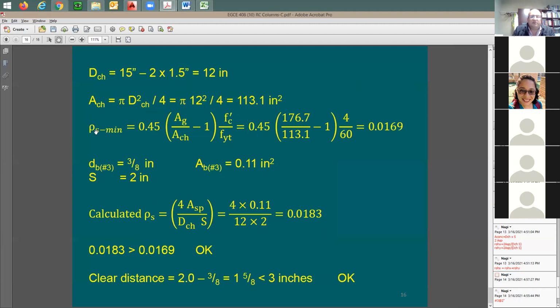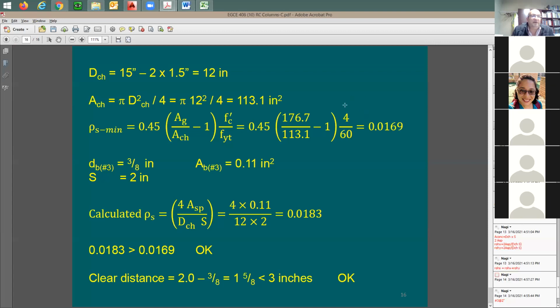And then use the equation to find out the minimum steel ratio that I can use. The steel ratio is going to be this constant, 0.45, times cross-section area of the entire concrete column divided by the cross-section area of the core, subtracting 1, times f prime c over fyt. It's okay to use ksi here because this is going to give you the exact same number.